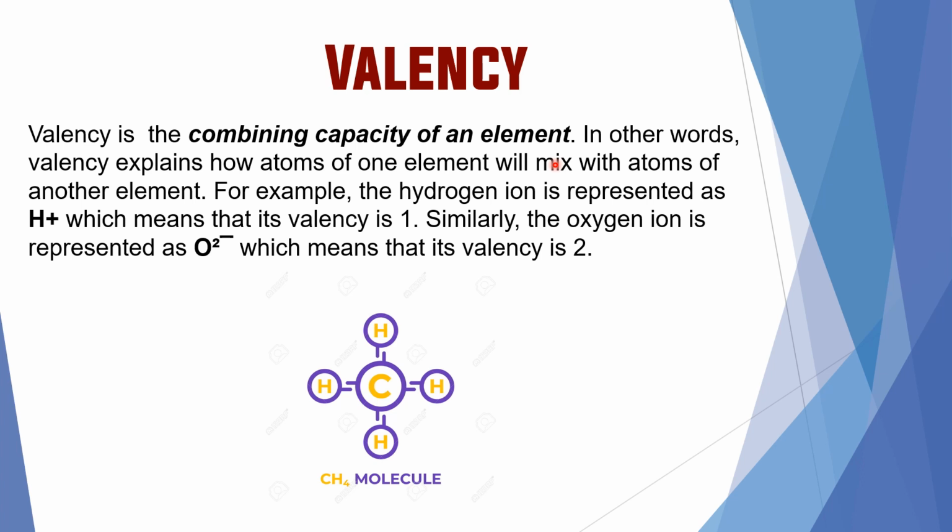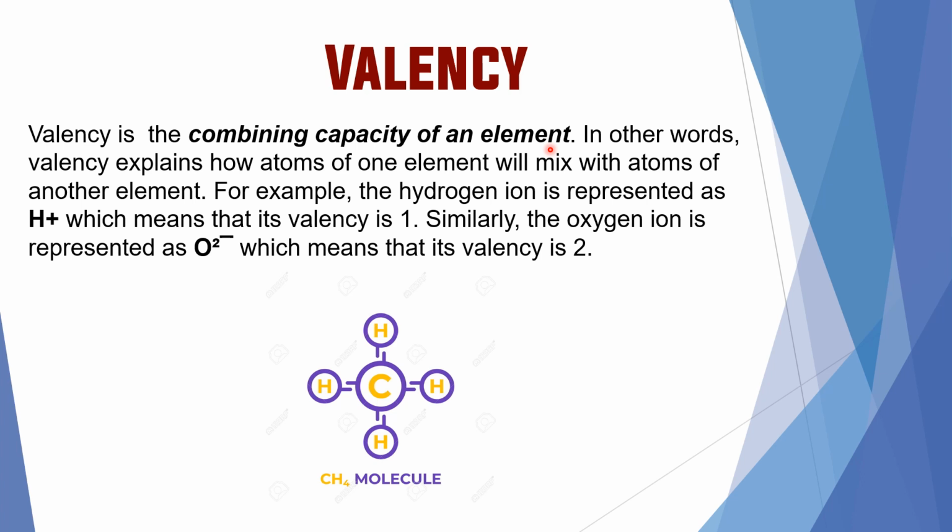Now just think about an octopus. An octopus has 8 arms, and using each arm it can hold one object. So what is the capacity? 8. In the same way, valency is the combining capacity of an element.